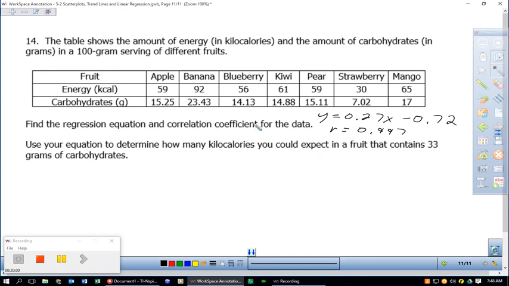Now the last thing is use the equation to determine how many kilocalories you could expect from a food that contains 33 grams of carbohydrates. In this case, carbohydrates is actually a y value, so we're going to plug that in for y. So 33 equals 0.27x minus 0.72. We will solve this, so we're going to add 0.72 to both sides.